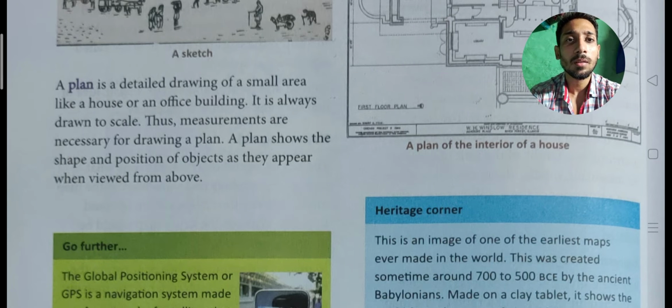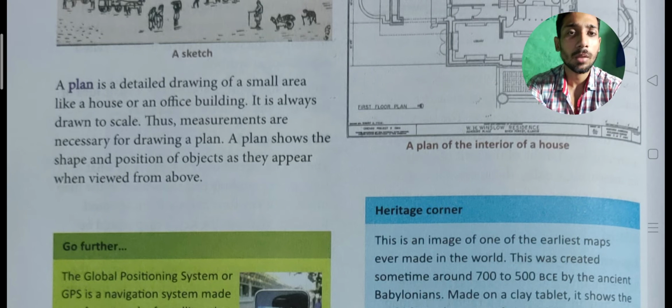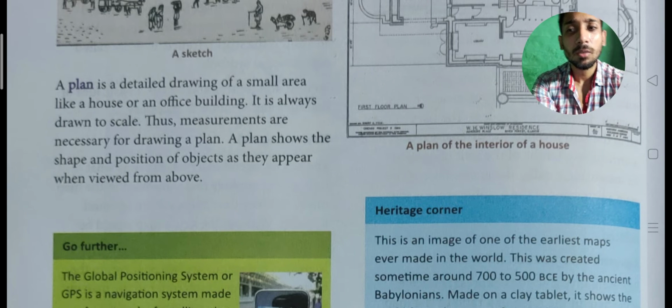A plan shows the shape and position of objects as they appear when viewed from above. A plan is something we use to give the details about our home or office. If I am planning to build a home, first of all we set up a plan, so that according to that plan we will build our house.